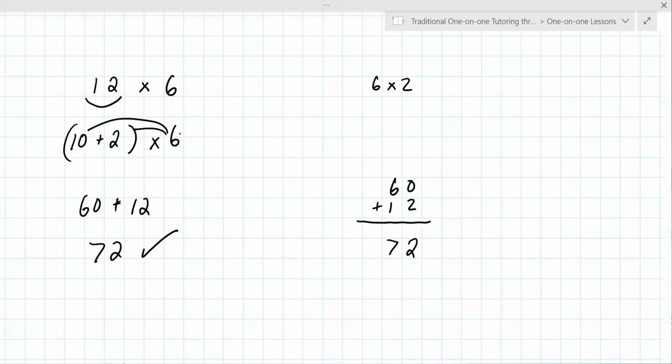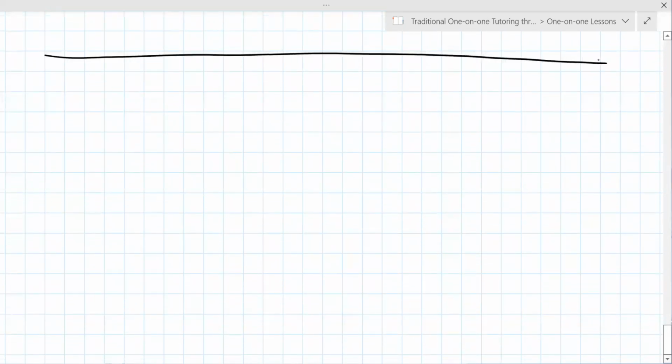Okay, let's try another one here. Let's try 27 times 3. So what you do is you take the larger number and you break it apart. Now you can break it apart into like 20 plus 7.